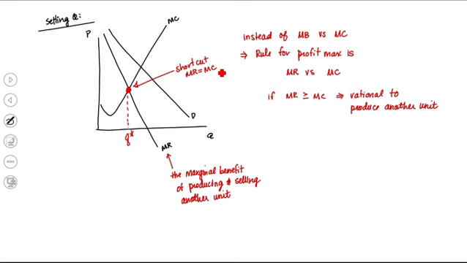Everybody with me? The only thing we need to remember, though: where do we go to get our price? Price comes from where? The demand curve, right? So we have to go up to the demand curve. So let's make a note of that. Price comes from demand.